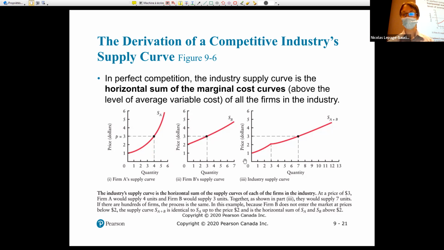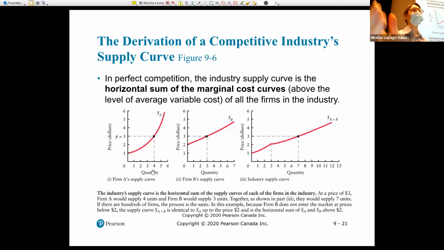So you get a total quantity of 7. And what's this weird looking kink? Between 1 and 2, only this firm will produce. Then when you hit 2, both firms start to produce. So this is essentially this segment there, and then this is the addition of these two segments together.